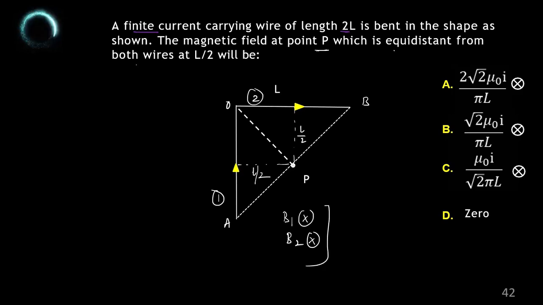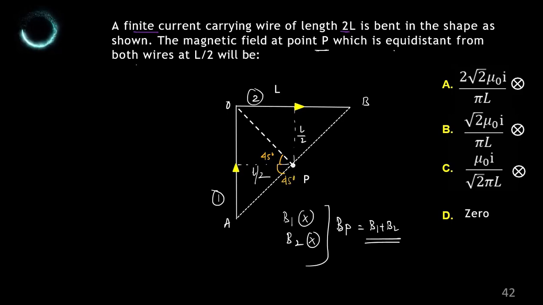So that means both the vectors should be added together. So B at point P should be equal to B1 plus B2. Since both B1 and B2 are symmetrical, I want to calculate only B1 and then multiply by 2. In this situation, this angle is 45 degree, this angle is also 45 degree.